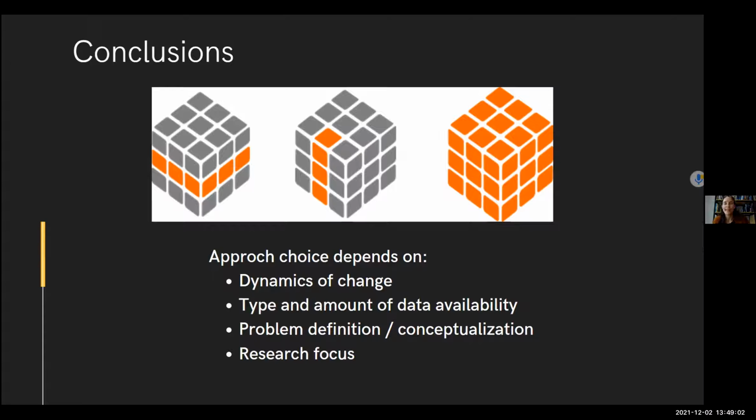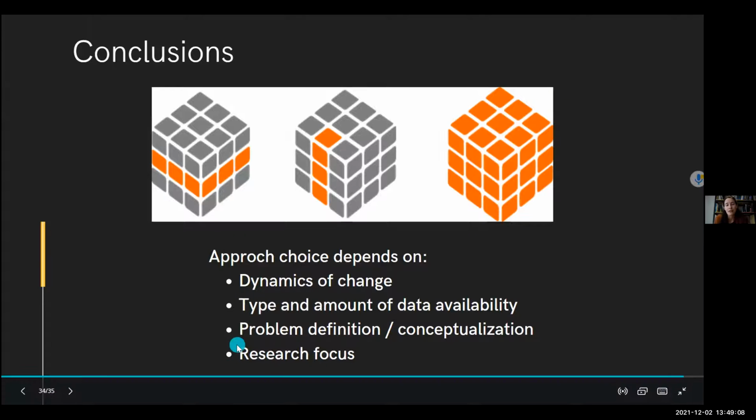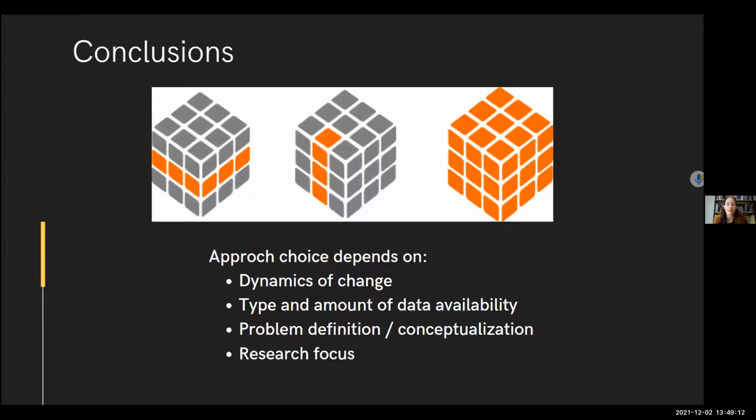So in all this, there is a research choice that we make at the end, and that is also based on the research focus that we use for our analysis. I say that there is never only one perfect way to do something. There are different approaches.